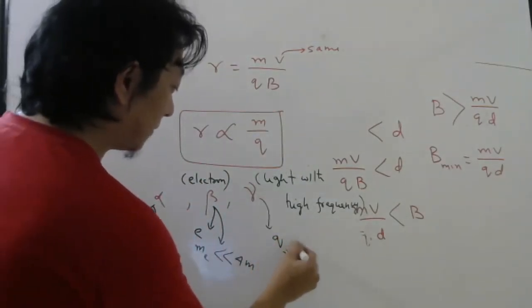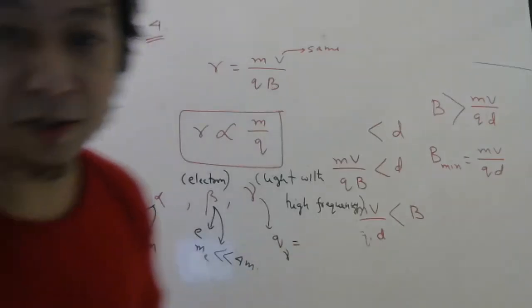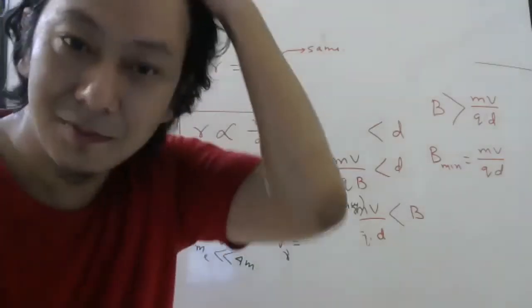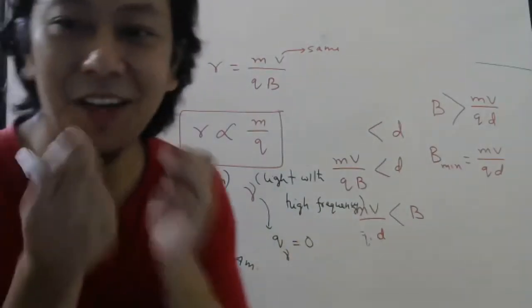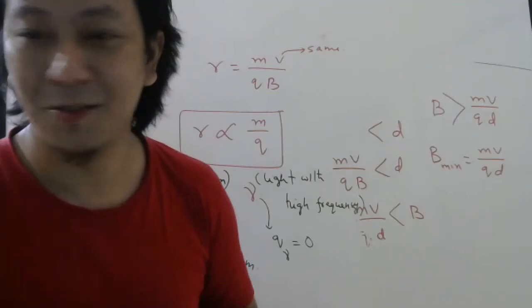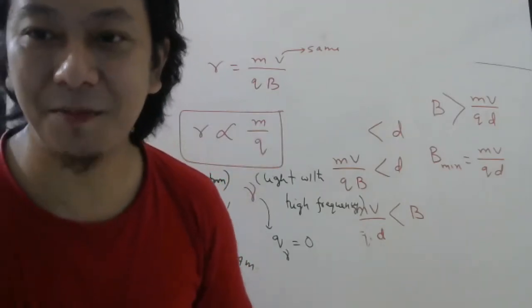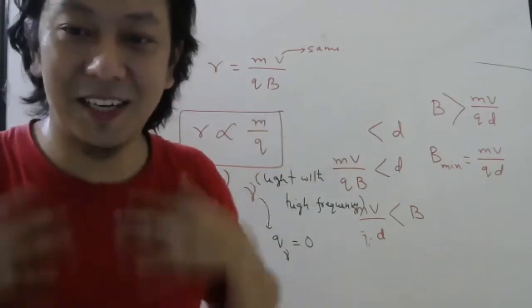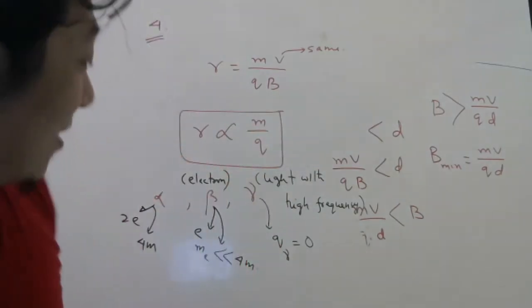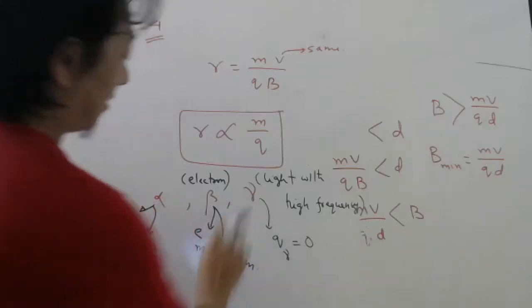The charge of gamma is 0, because it is a packet of energy. It doesn't have electrons and protons, so how will it be charged? If light had charge, we would get current all the time. So gamma has no charge.